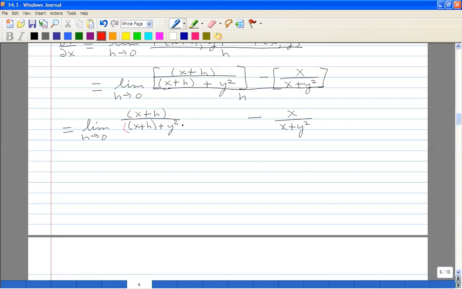So let's multiply and divide by x plus y squared. The least common denominator is just the multiple of the two denominators. And let's multiply and divide by x plus h plus y squared.